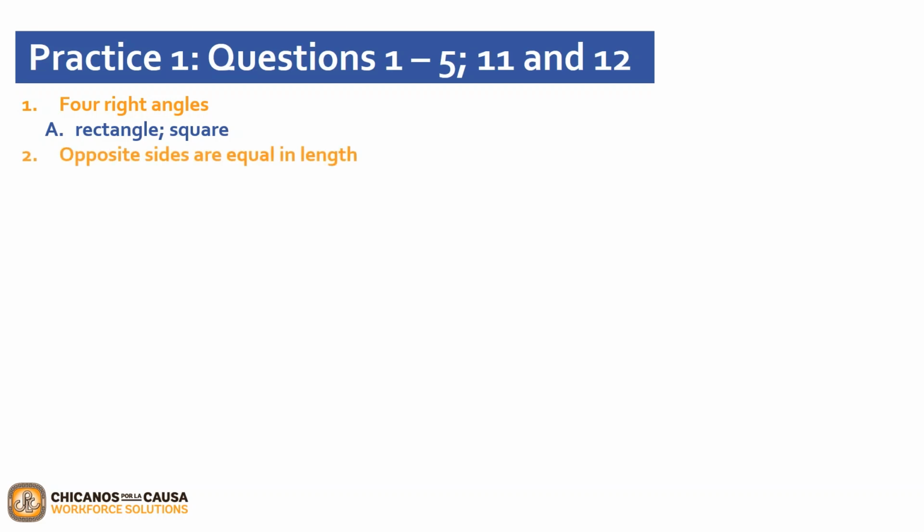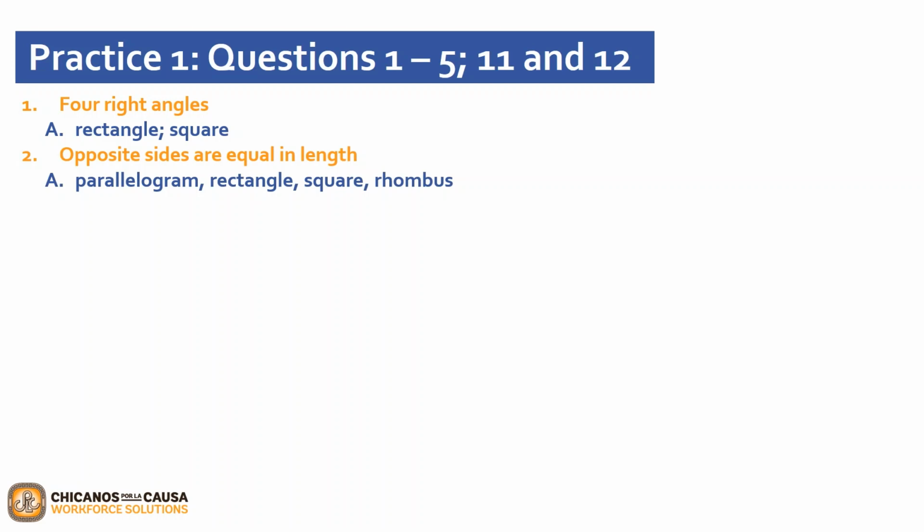For question 2, its opposite sides are equal in length. So let's think back to the rectangle, the square, the parallelogram, and the trapezoid. And we forgot one, the rhombus. In this case, opposite sides are equal in length.